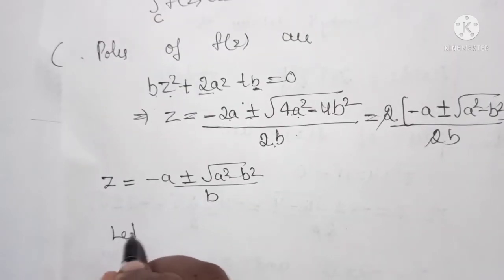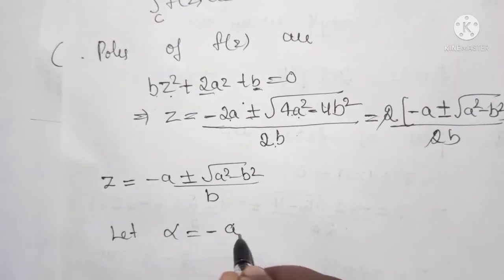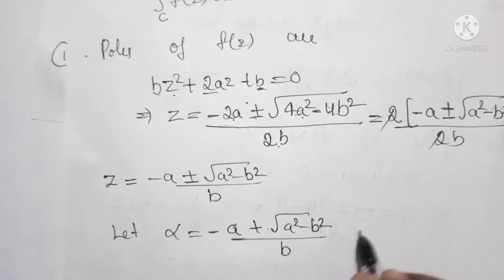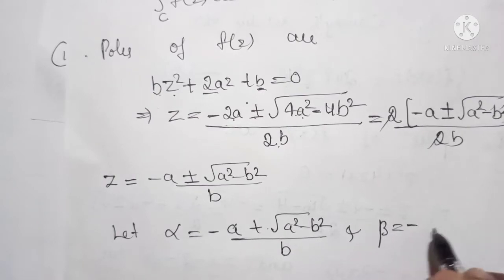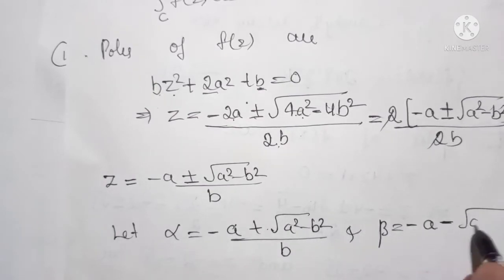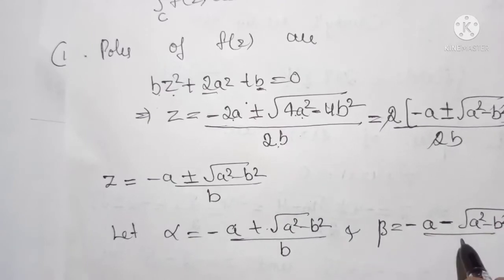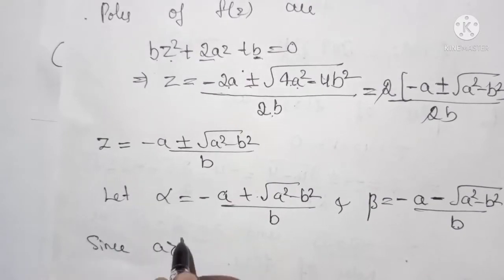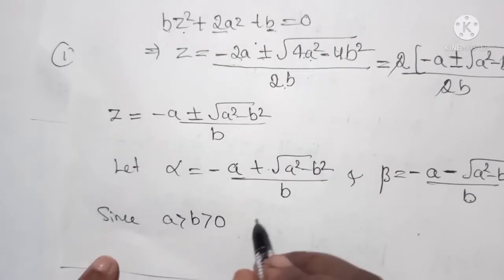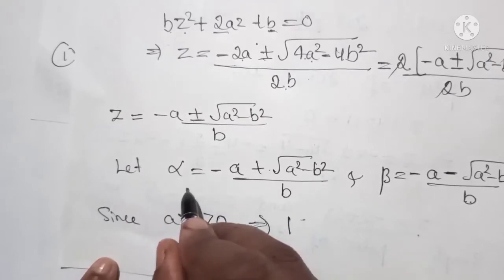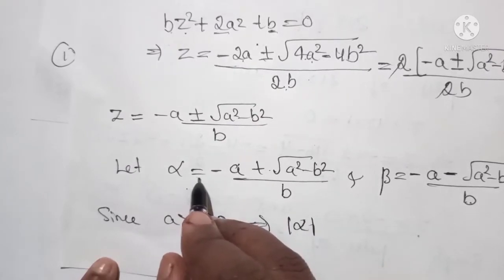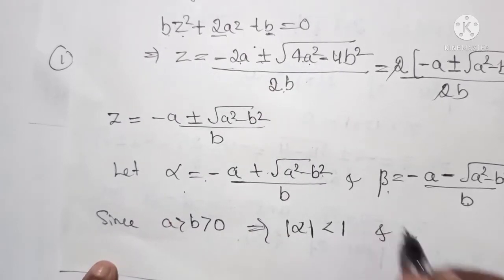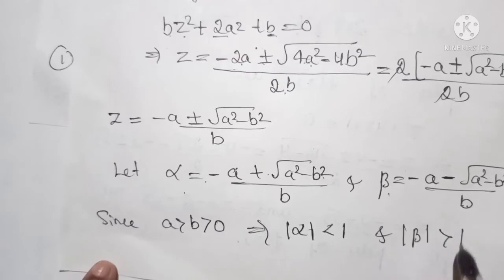Now let alpha equal to minus a plus square root of a square minus b square divided by b, and beta is equal to minus a minus square root of a square minus b square divided by b. So it is given that a is greater than b, which is greater than 0. So it implies that mod of alpha is less than 1 and mod of beta is greater than 1.